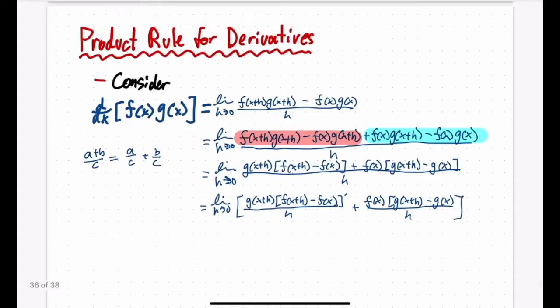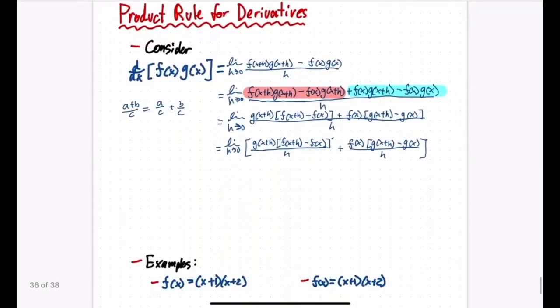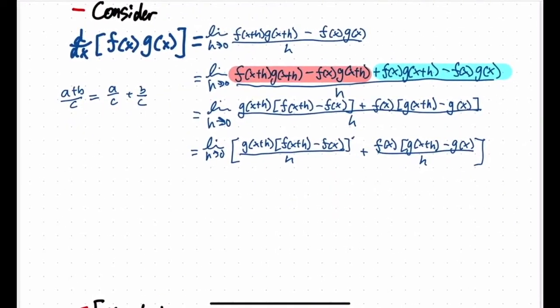And then now we can apply the rule that we talked about in the first video, this one here, where the limit of two functions that are getting added together is the same as the limit of each individual function added together. So we can apply the limit to both sides of this and split these into two limits.